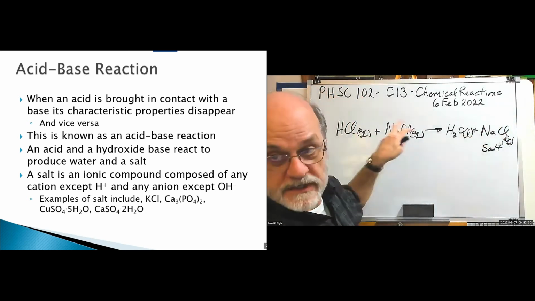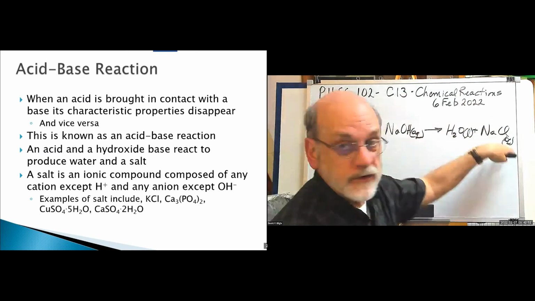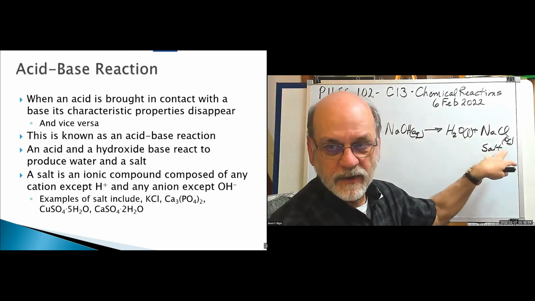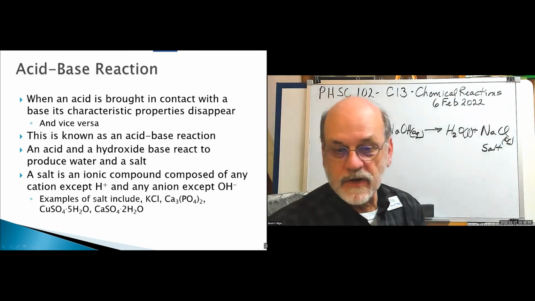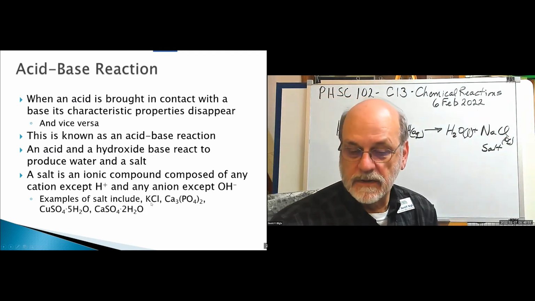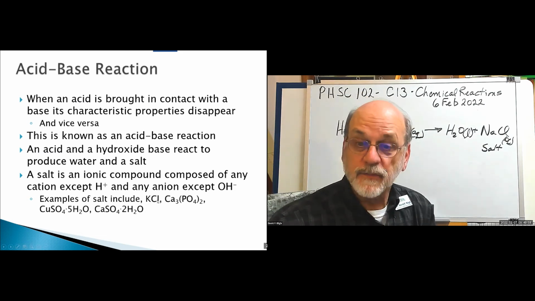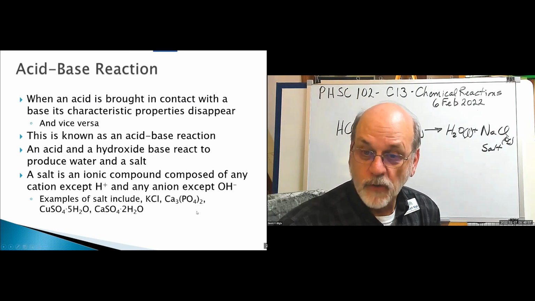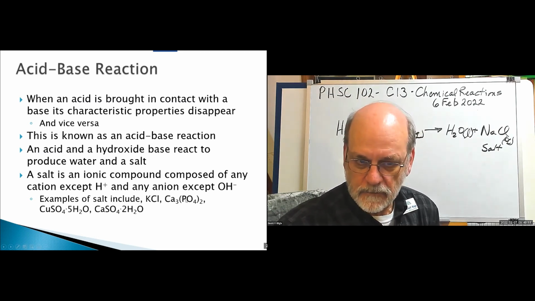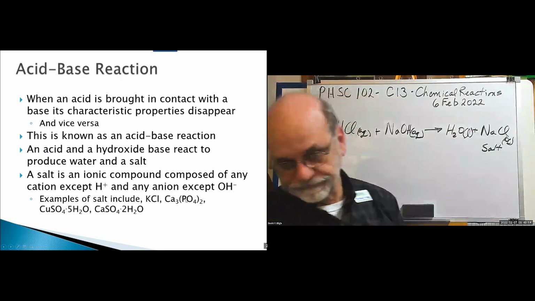If this was a different acid and a different base, it would produce a different salt. But in chemical terms, it's still a salt. And these are examples here at the bottom. Potassium hydroxide and hydrochloric acid produces potassium chloride. Or calcium hydroxide and phosphoric acid produces calcium phosphate. All right? Okay.